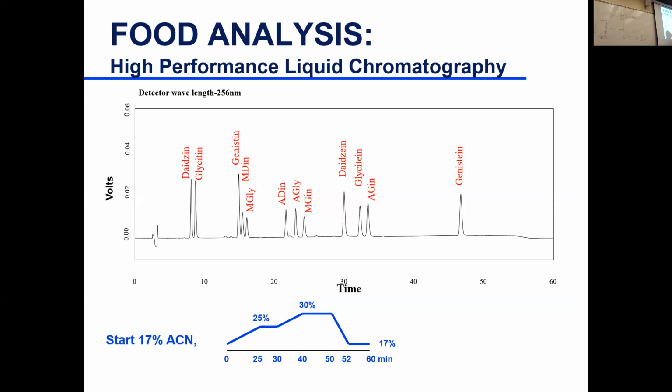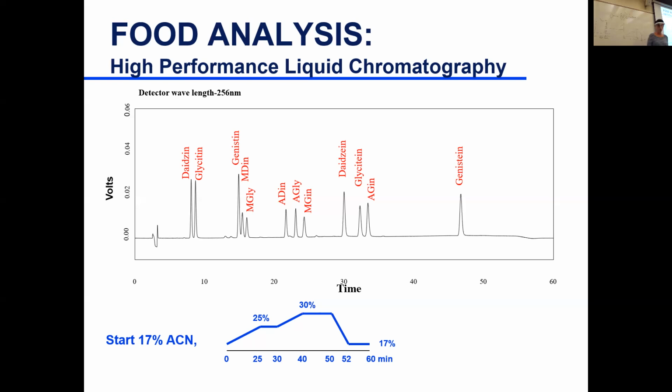Leave it at 30% for 10 minutes. Bring it down to the original starting 17% in 2 minutes, and let it equilibrate the system for 8 minutes at 17%. All right, so this is ACN, which stands for acetonitrile. So 83% water, 17% acetonitrile.